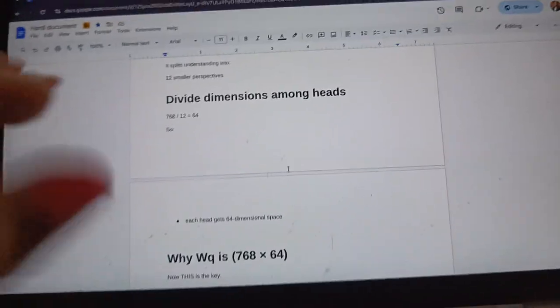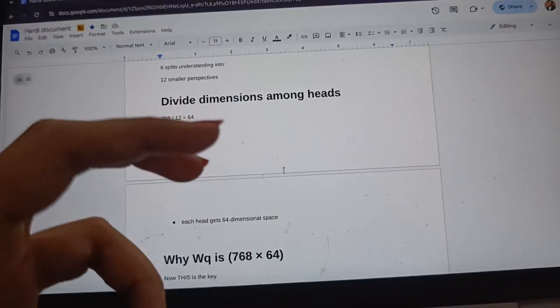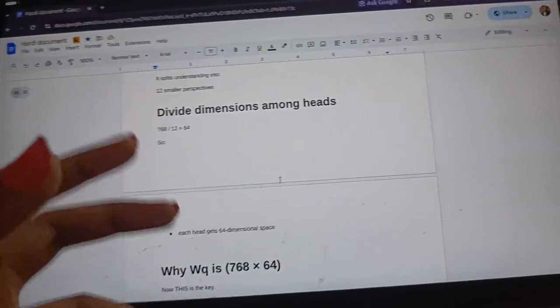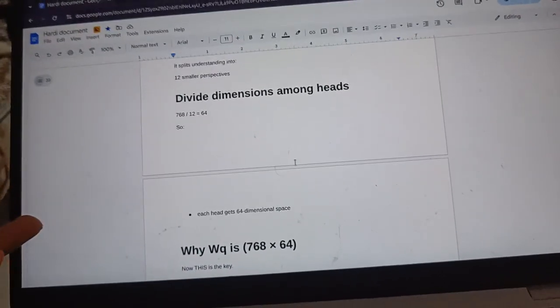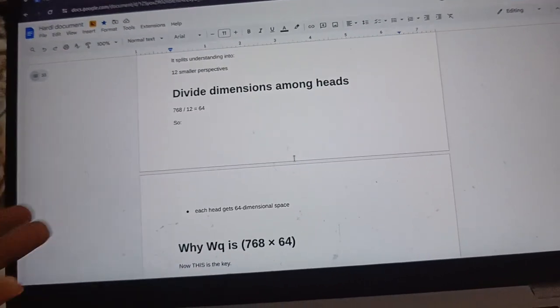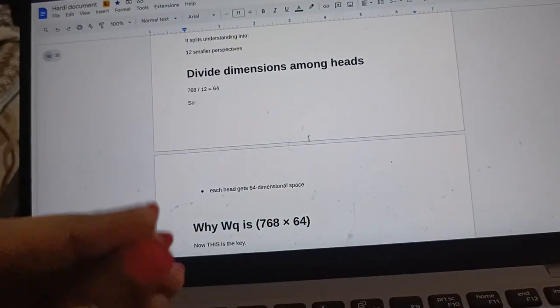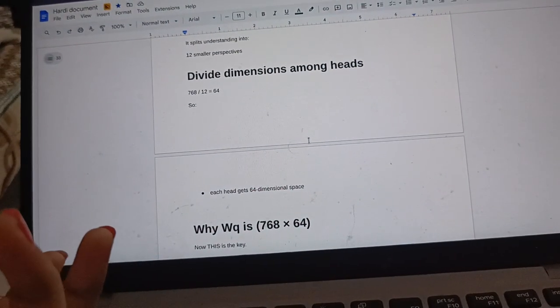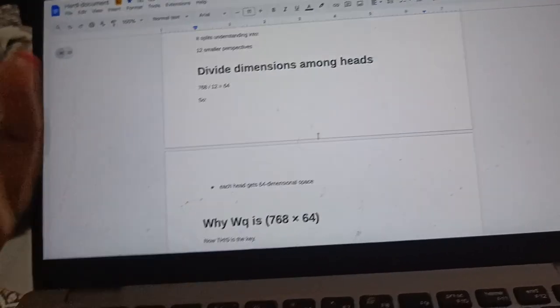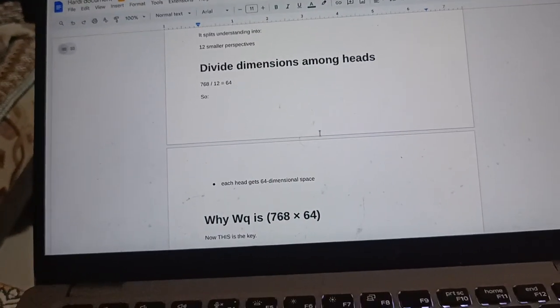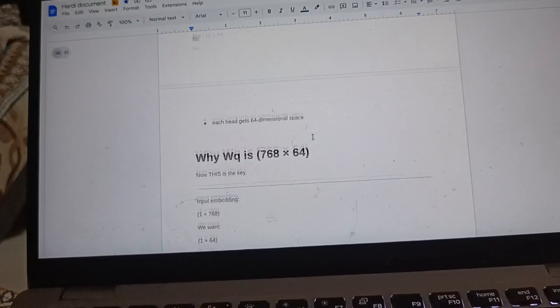That's why it becomes 64 embeddings to look for rather than 768. So it just computes smaller matrices so that overall the computing cost is reduced.